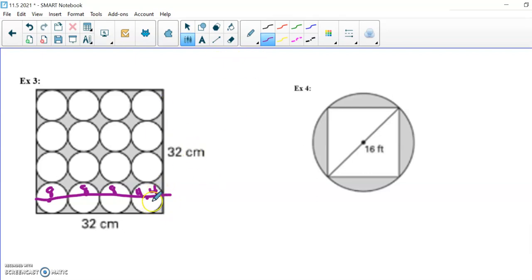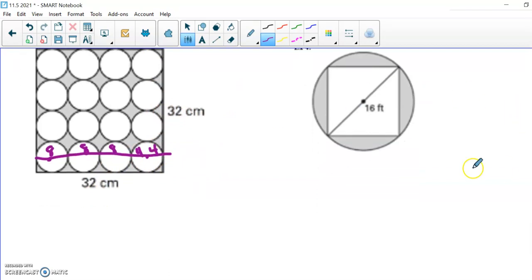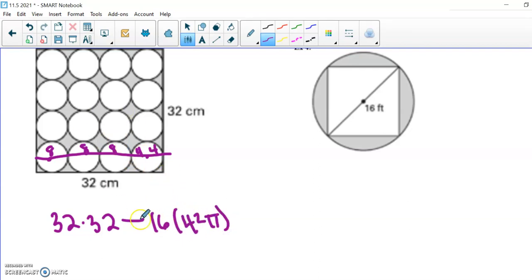And it's the same here. So I'm going to find the area of the square, which is 32 times 32. And then from that, I'm going to subtract. It looks like we have 16 identical circles with the radius of 4. So I'm going to subtract 16 times 4 squared pi, and that should give us our shaded region. So 32 times 32 is 1,024.